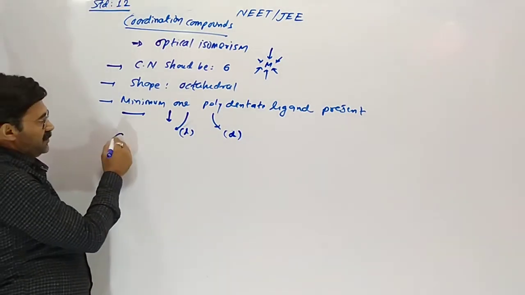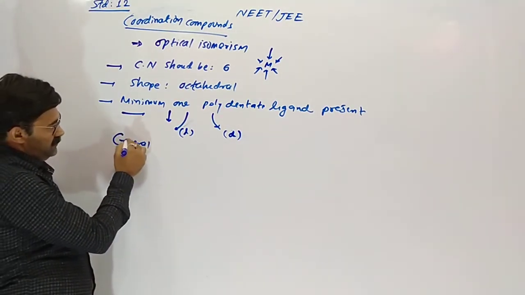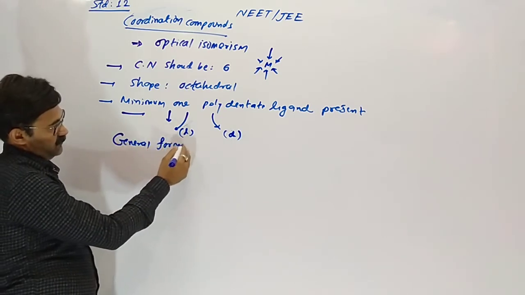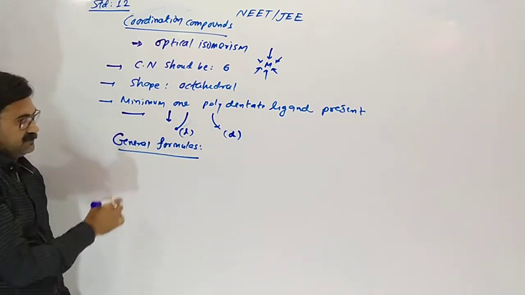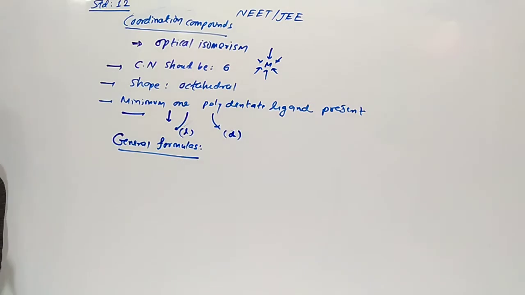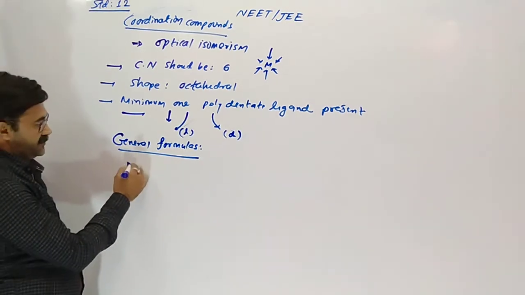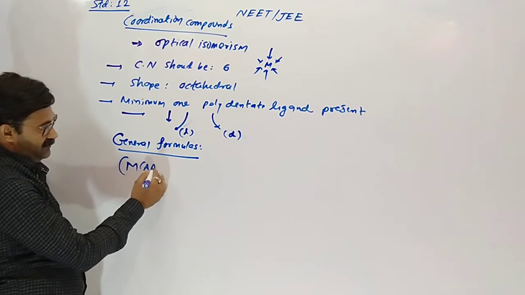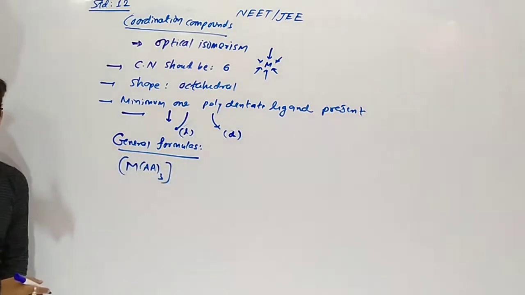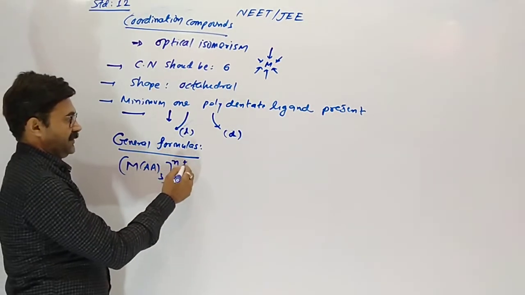So the general formulas which give optical isomerism. Which type? Metal with AA thrice. What is AA?